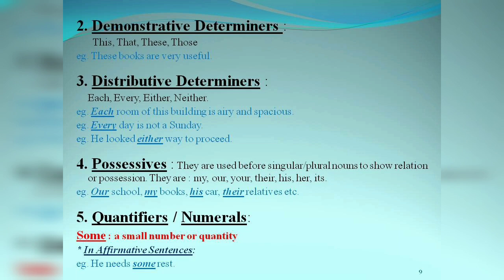Now distributives: each, every, either, neither. The word each is used when the number of subjects is definite and we are talking in a particular sense. In that case we must use each.